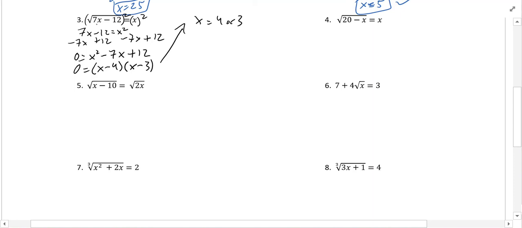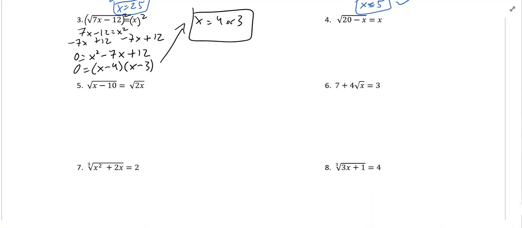So if we plug this back in, you want to see if it would work in the original equation. So go ahead and do some mental math and let's see if that works. And yeah, both of them worked. So they both are solutions. So 4 or 3. Okay, so I want you to go ahead and pause the video and try number 4.